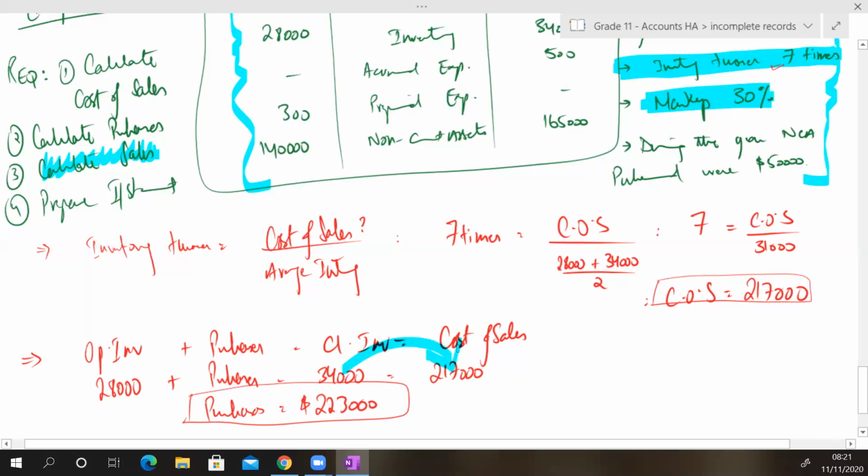When you shifted this value over here, you would have added it, and when you shift this value over here, you subtract it. Add होगा या subtract होगा. ठीक है.